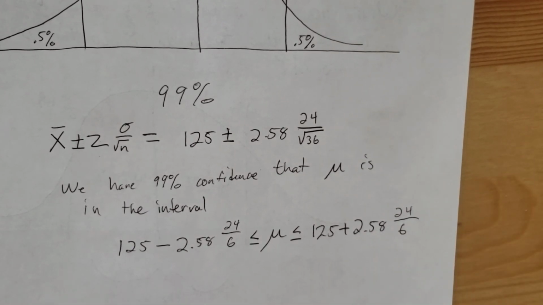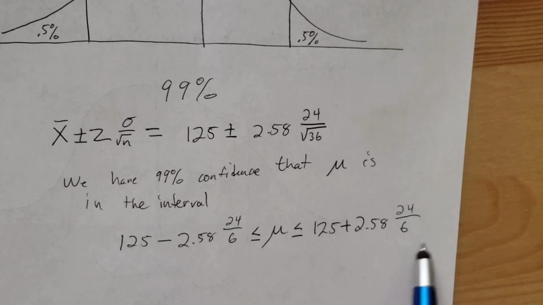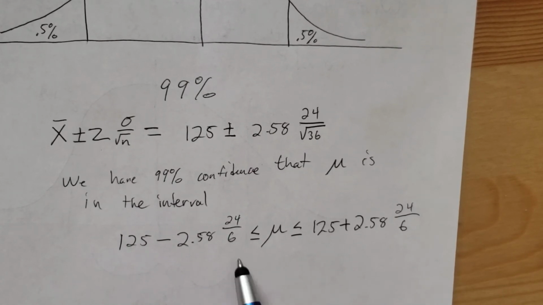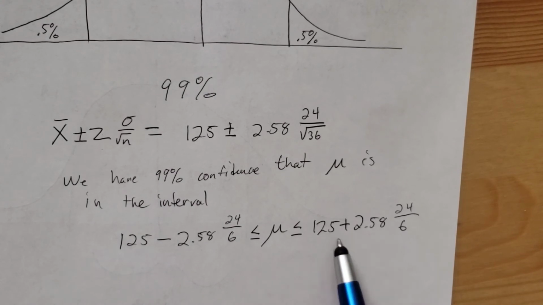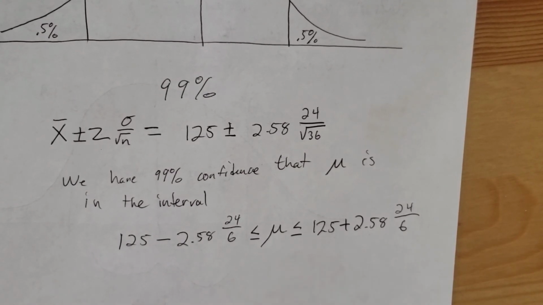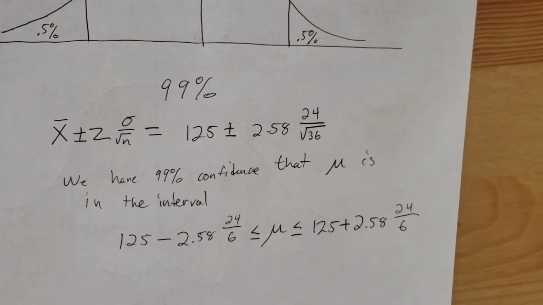And of course, plug those into the calculator to find what those exact values are. 4 times 2.58 and subtract that from 125, and over here, add that to 125. And we know what our population mean probably is. It is probably, as in 99% chance, within this interval.